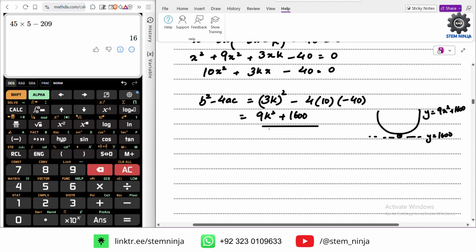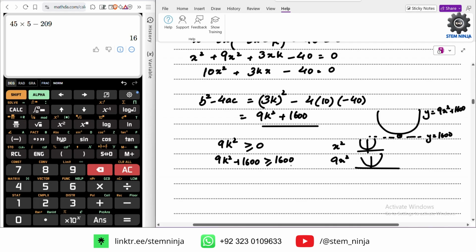So that means this particular quadratic expression is always greater than 0. You can see that 9k squared would be greater than or equal to 0, because if you start with x squared, it basically starts from the origin. So 9x squared would have the same feature, just a little bit stretched. So 9k squared plus 1600 would be greater than or equal to 1600.